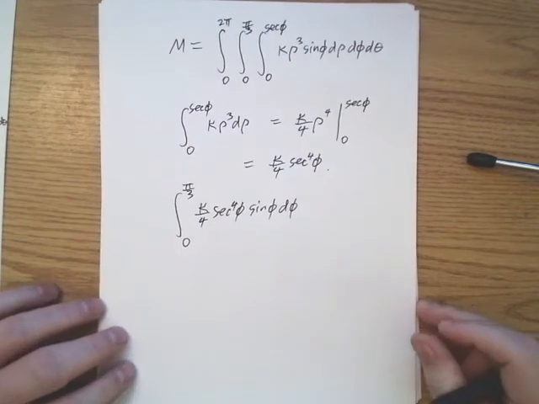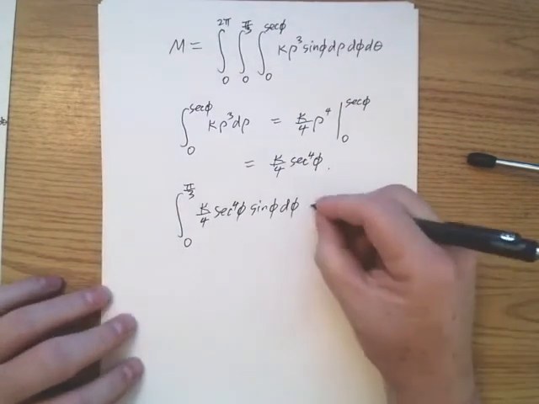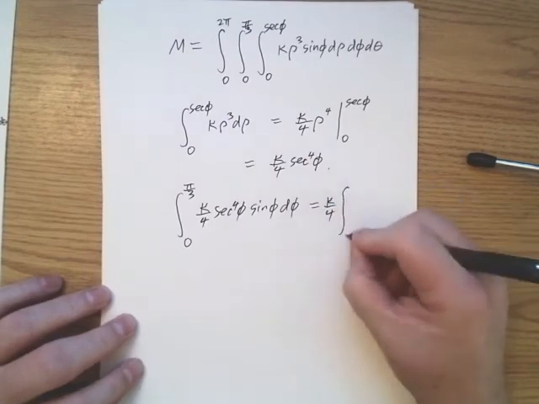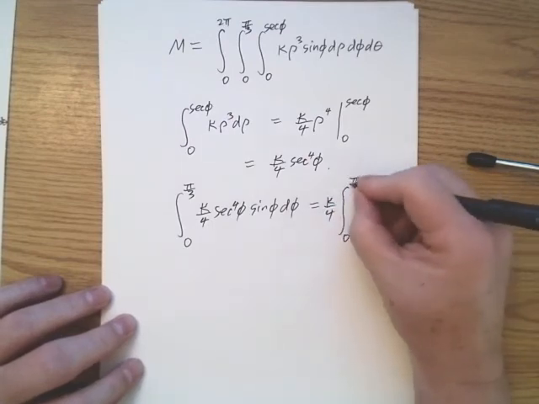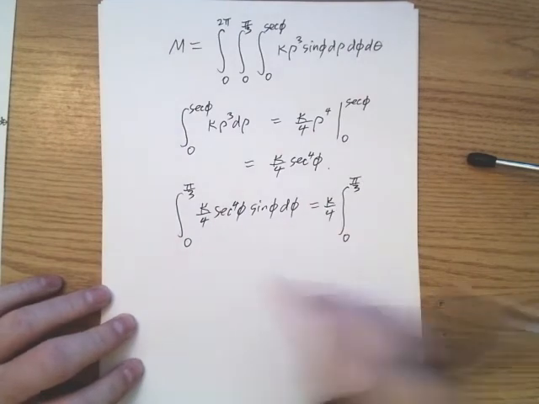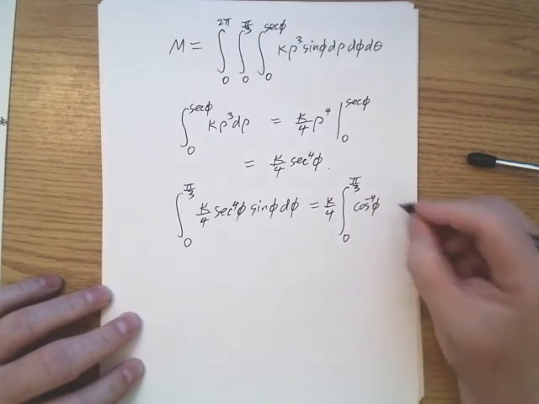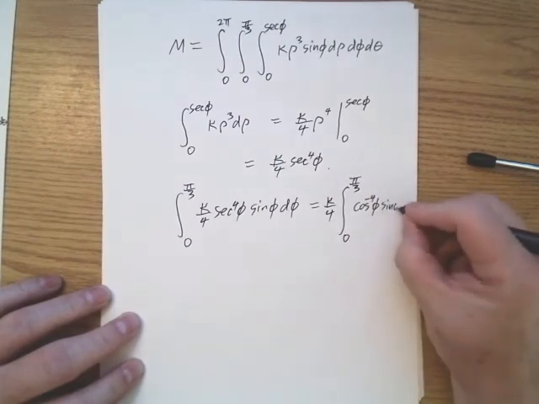Now, how are you going to work this one? Obviously, you can take the k over 4 out, but here's what I would think about doing. Do you see what to do? The secant to the 4th is really cosine to the negative 4th of phi, and then I've got sine phi d phi.